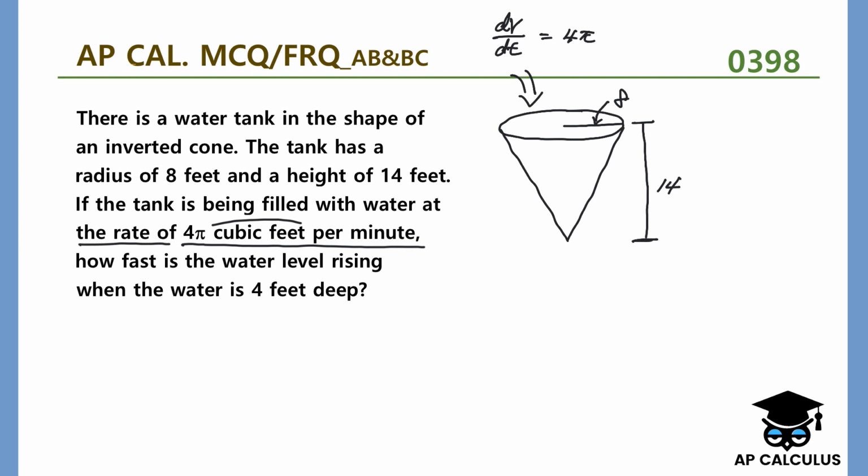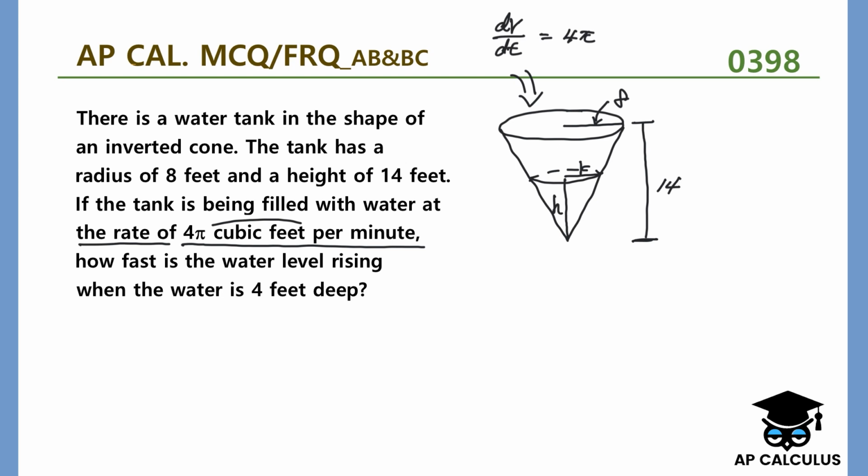So let's say we have this much water here. I'm going to let the radius be r and the height of the water be h. The question is, how fast is the water level rising when the water is 4 feet deep?